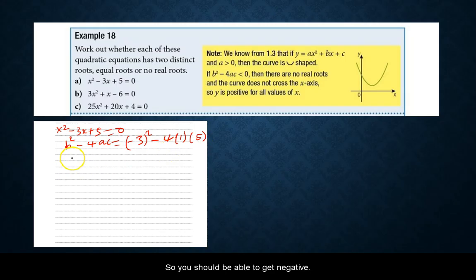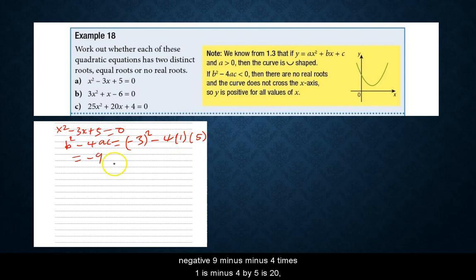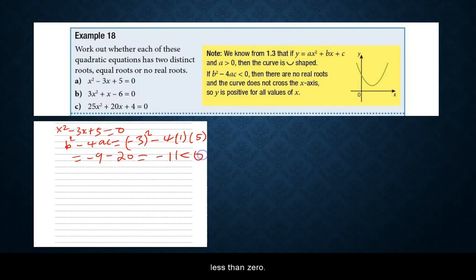Negative 3 squared is 9, and minus 4 times 1 times 5 is minus 20. If we simplify, we get negative 11, and negative 11 is less than 0.